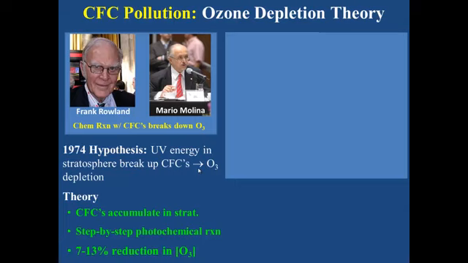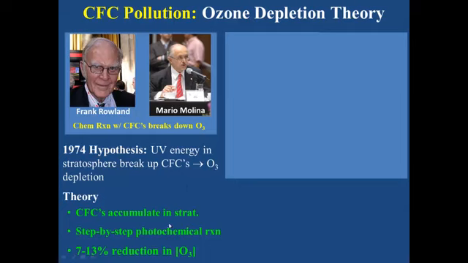They took what they knew from existing scientists, took what they knew about the chemical reactions that occur in the atmosphere, and put these together to develop their model of how CFCs would deplete ozone. So their theory has many parts. Here are some of the major components of it. The first is that they hypothesized that CFCs would accumulate in the stratosphere, largely because there would be no chemical reactions in the troposphere that would break them down.